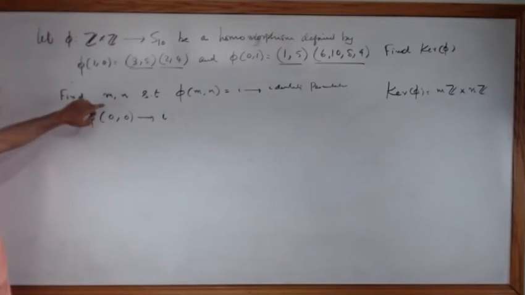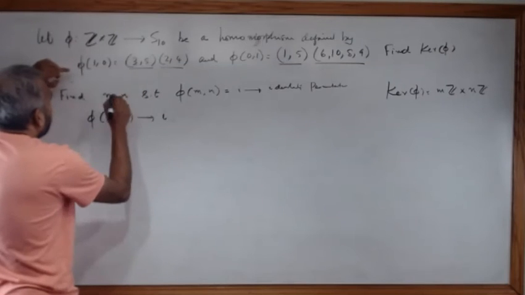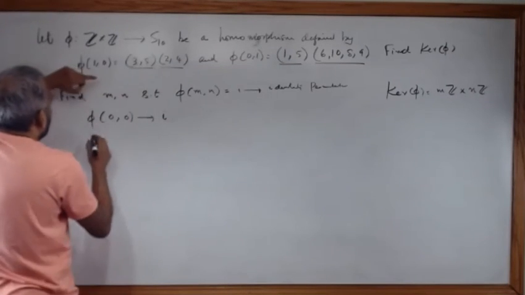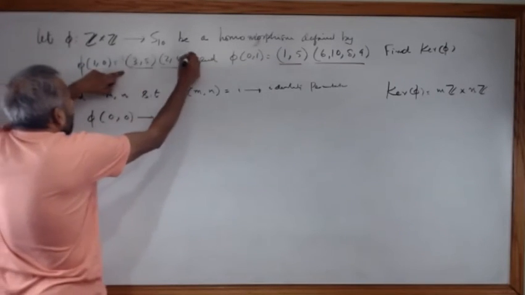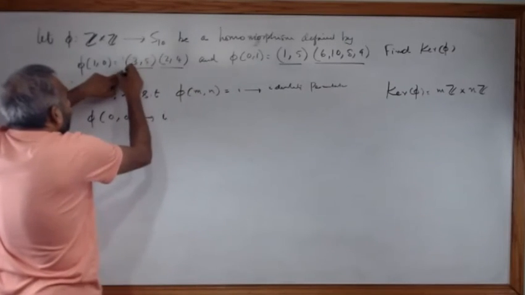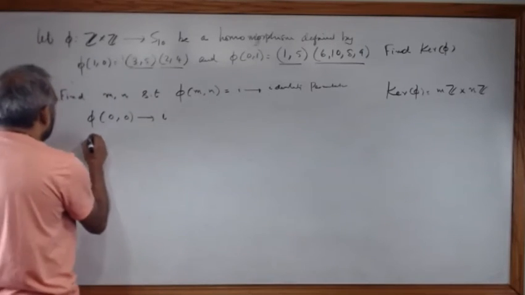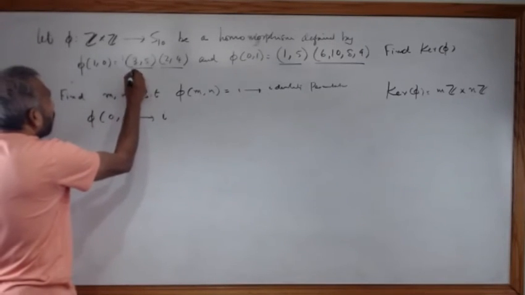So how do you find this? We need to find the order of this map, so that this could vanish. So what is the order of this?